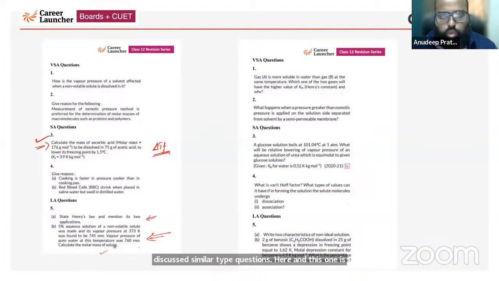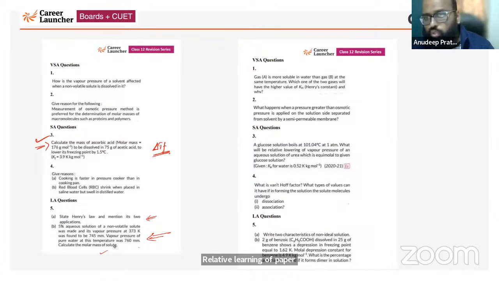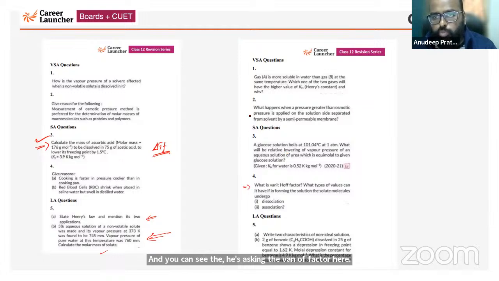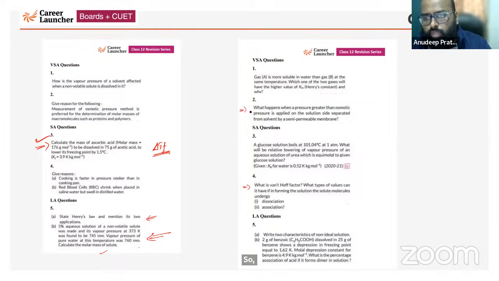Here he asked the molar mass, and there he asked the vapor pressure of the solution. That's the only difference, and the remaining things we have done directly. And you can see he asked the van't Hoff factor. Here we have done a similar question, right? So osmotic pressure we have done, and from there we can know what reverse osmosis is and so on.